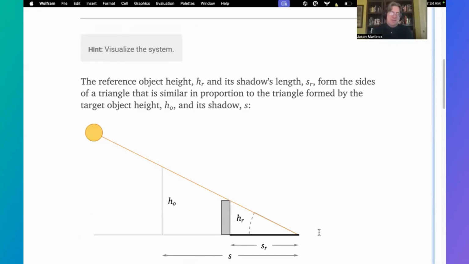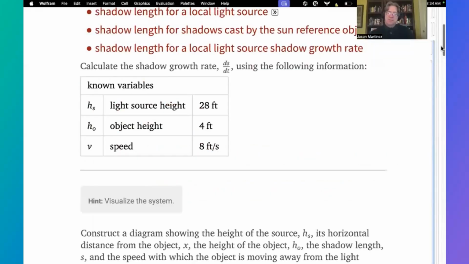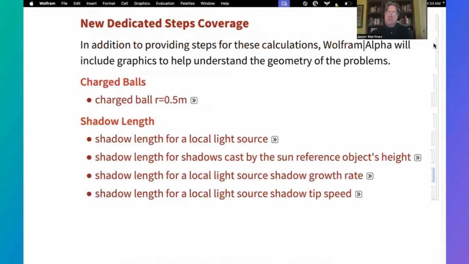Then what's the height of the building? And there's a few other of these where we look into differentials, because we have a moving object and we're seeing how much the shadow is growing or how fast the tip is moving, those sorts of calculations.